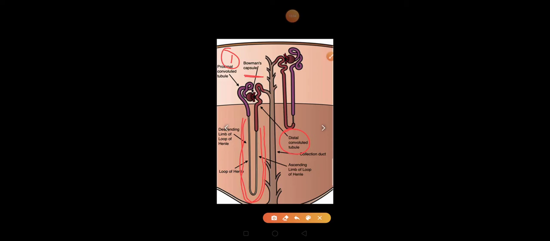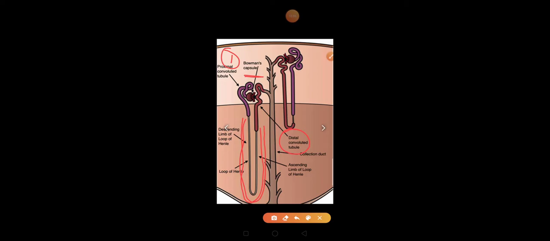PCT, loop of Henle, DCT. Bowman's capsule comes into PCT, then loop of Henle, then the distal convoluted tubule.